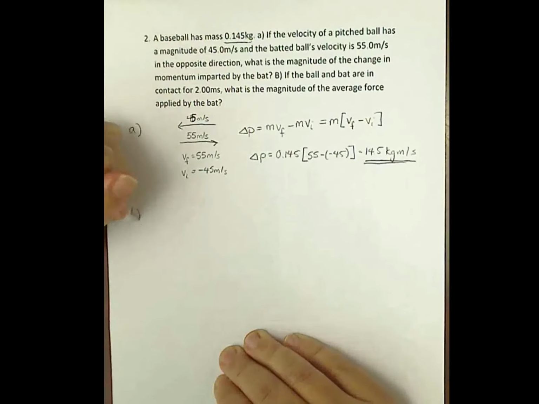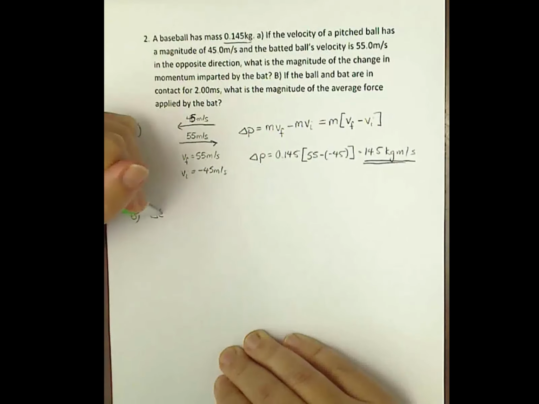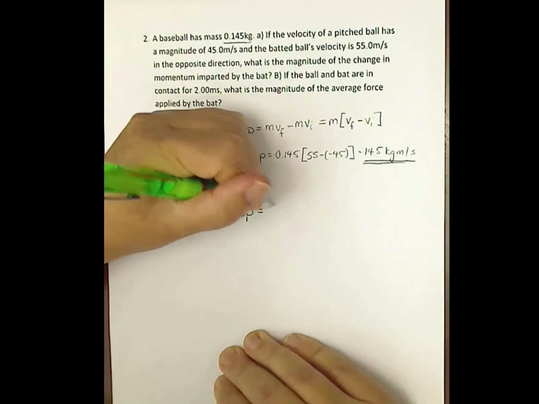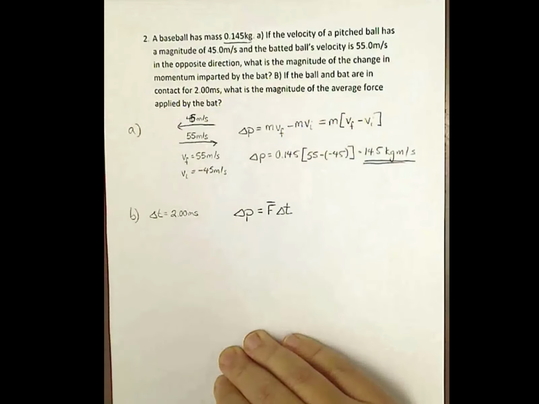Part B says that the ball and the bat are in contact for 2.00 milliseconds. So delta T is 2.00 milliseconds. What's the magnitude of the average force applied by the bat? What we know is in a collision, the average force times the time of the collision is equal to the change in momentum.